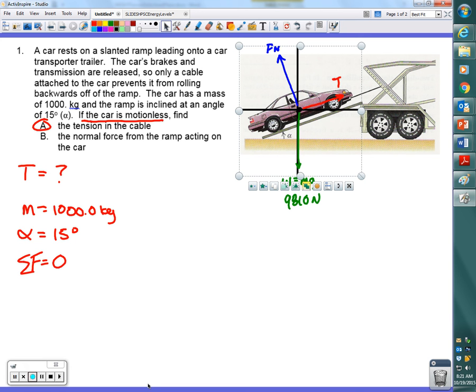We could probably figure out some angles here because we know this one. But do we know the normal force in this problem? We said it's not equal to gravity because it's not right opposite of gravity. Do we know the tension in this problem? We don't. James, go ahead. Good.